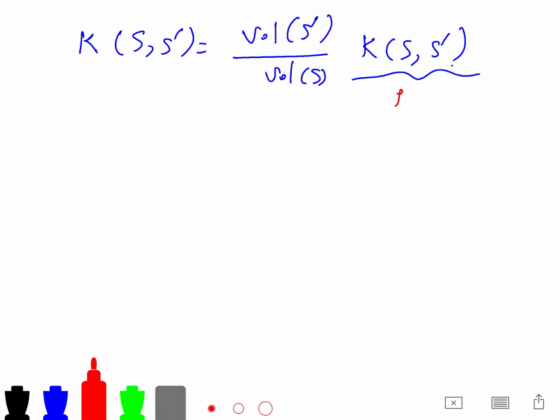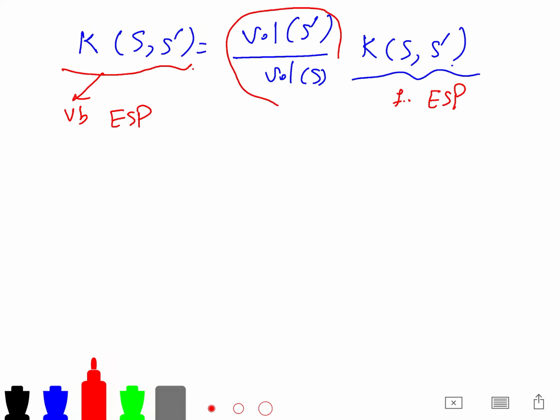So this is the transition probability for ESP, but this is the transition probability for volume biased ESP. You see how they are related by this factor.